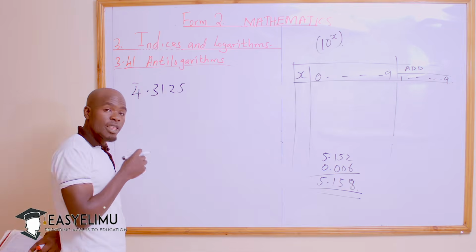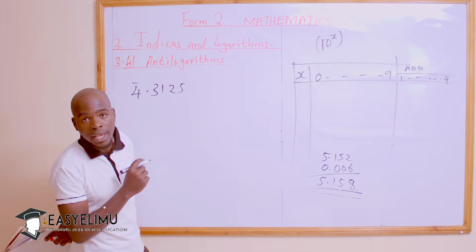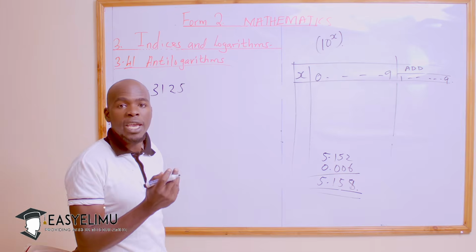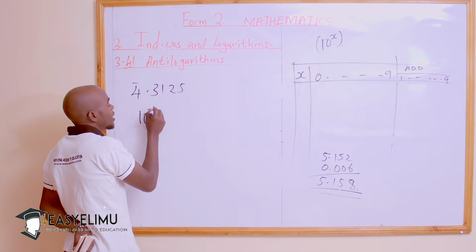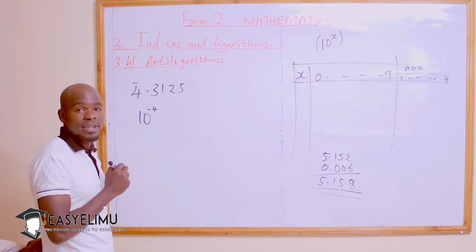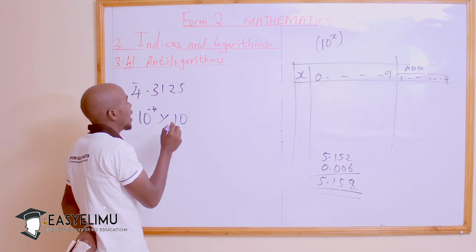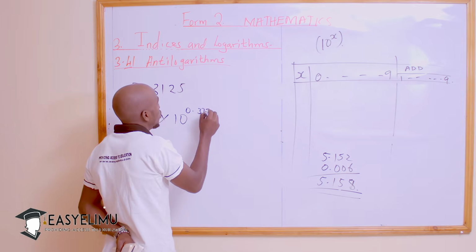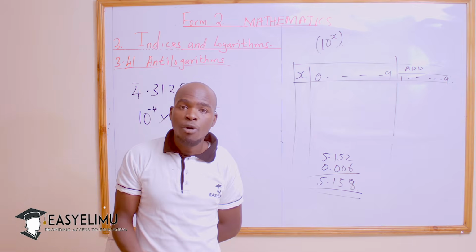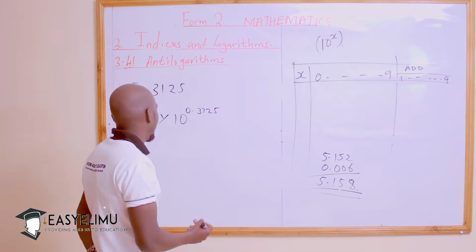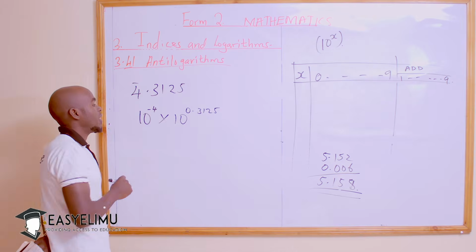To find the anti-logarithm here, we first write it in a clearer way. We shall have 10 raised to negative 4, since that is the characteristic part, multiplied by 10 raised to 0.3125. That means I'm separating the characteristic part from the mantissa part. And that is how we work it out.